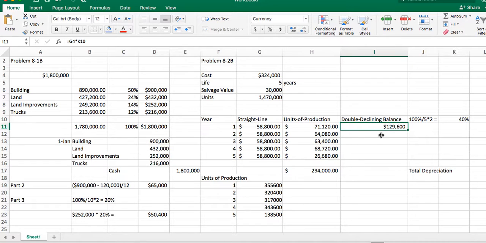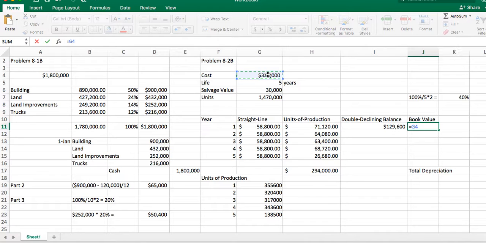And then, let me move this. You have to keep up with your book value when you're using the double declining method. And so I'm going to go ahead and put book value over here. Book value is your cost minus your accumulated depreciation. So at the end of this year, your book value is the cost, $324, minus the depreciation.